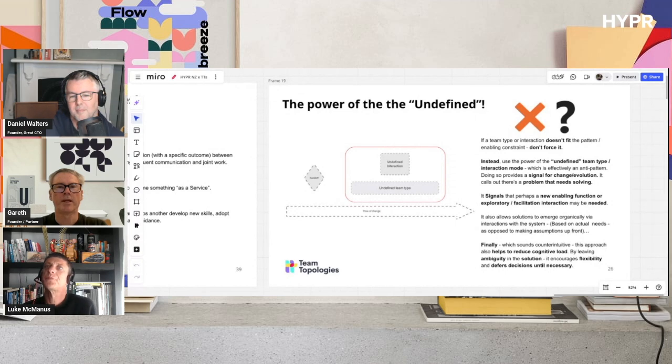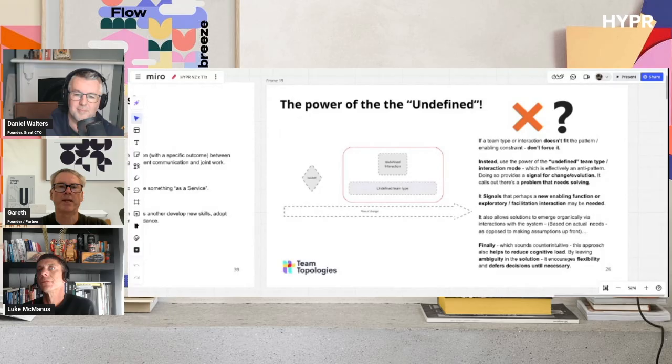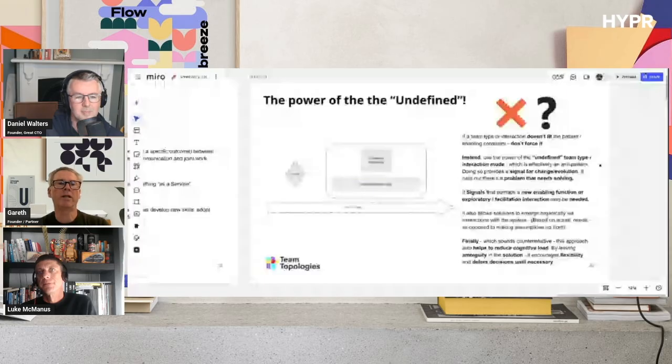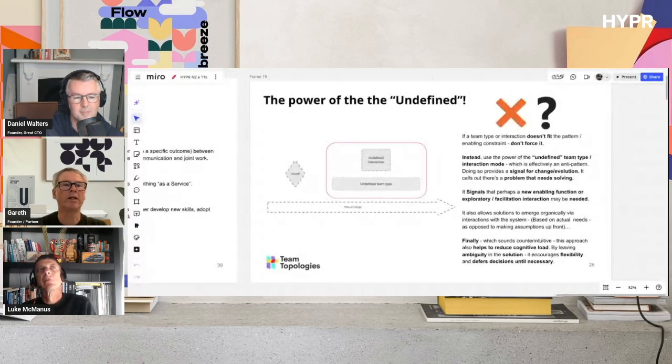The thing I love about this the most is, I see people trying to map their organizational structures and interactions to the team topologies patterns, and that's really not where they're at. I think starting with undefined is a much more powerful way of saying, look, we're starting from a blank slate, and let's be really deliberate about where we are actually using these patterns versus assuming that we are.